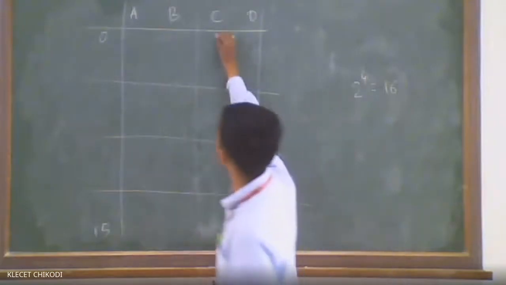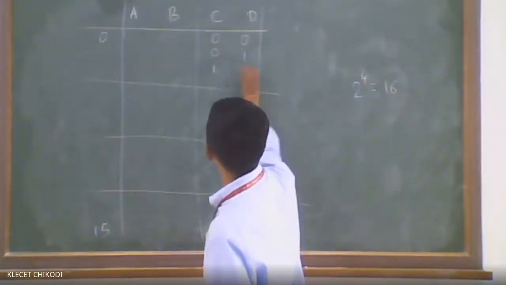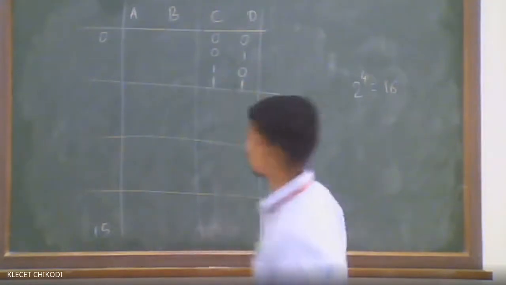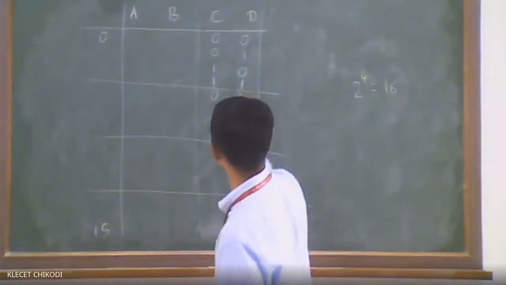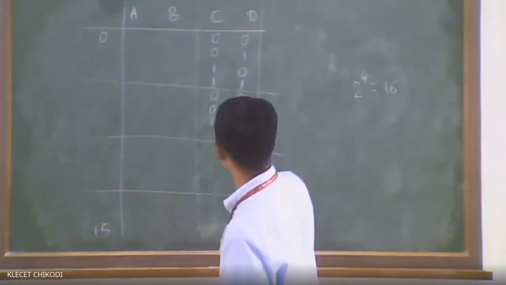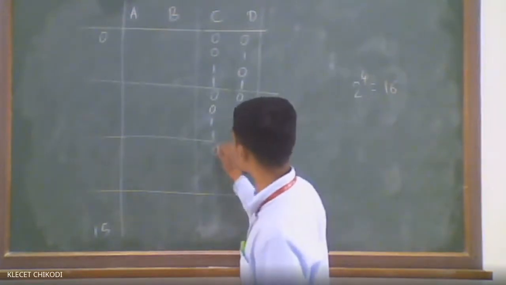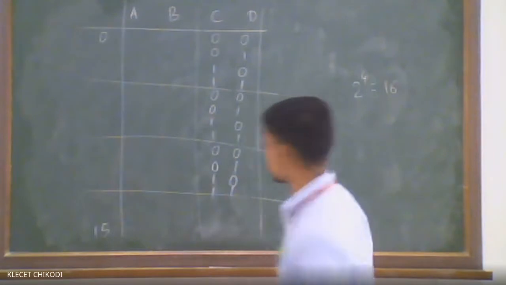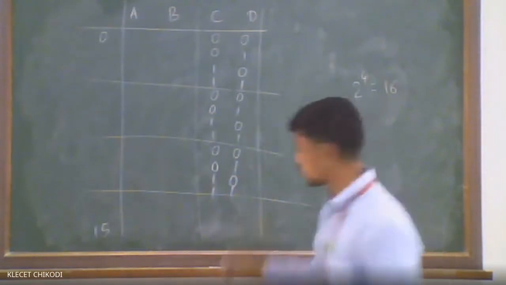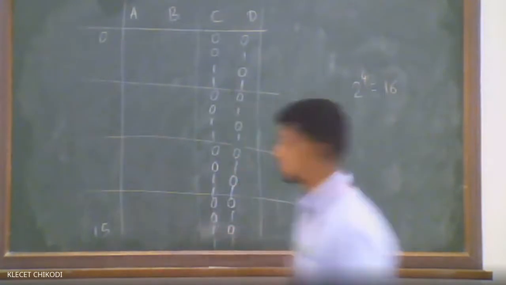Just replicate that here. 0 0, 0 1, 1 0, 1 1. Again, the same we have to write here, 0 0, 0 1, 1 0, 1 1. Again, just repeat the same, and again repeat the same.